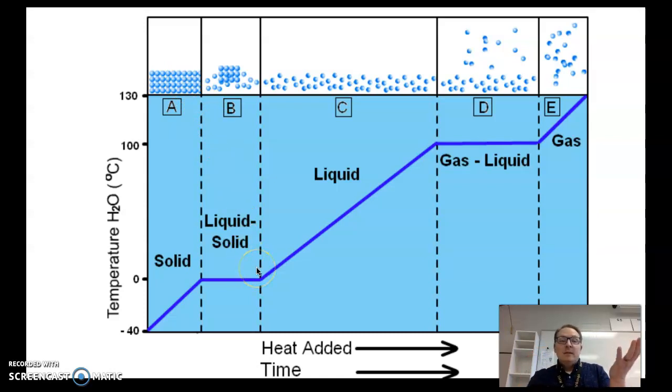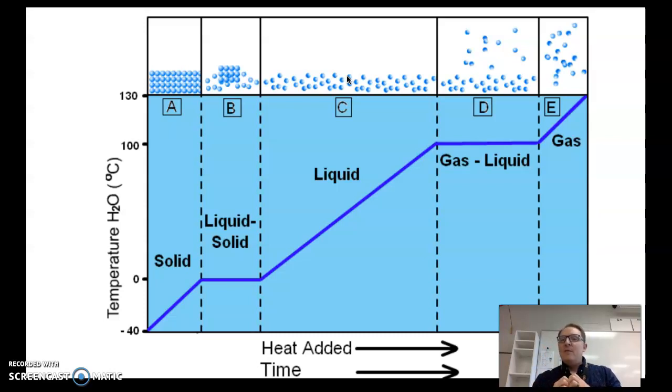Now, as soon as it's melted, as soon as we have a liquid, look what happens to the temperature. The water can begin to heat up from 0 degrees Celsius all the way up to 100 degrees Celsius. During that time, these molecules are moving around faster and faster. They're flowing, they're moving. They still have intermolecular forces that are pulling them together, okay?